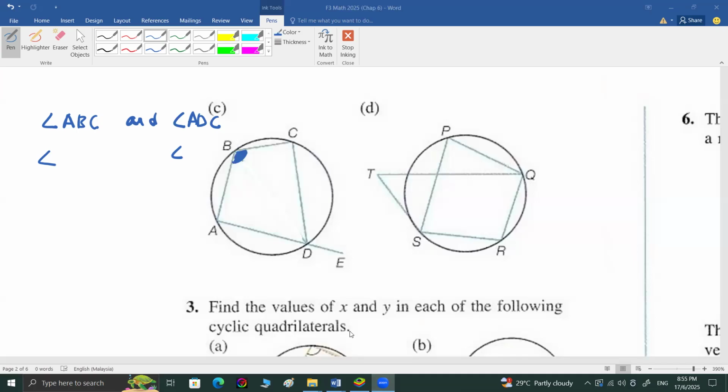So you must know how to ignore those that are not related to this formula, okay? Like these questions, right? Then you ignore this, because this one is already drawn outside. So it's not accepted, the outside one. So you just make use of this one.